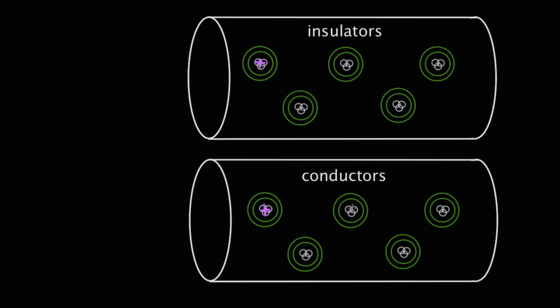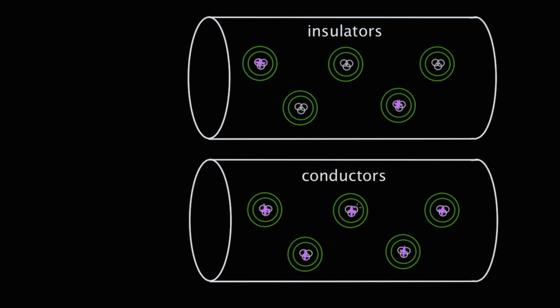Another similarity is that for both conductors and insulators, the positively charged nucleus cannot move. I mean, it can wiggle around and jiggle just from thermal vibrations, maybe a little bit in place, but it can't travel freely throughout the material.